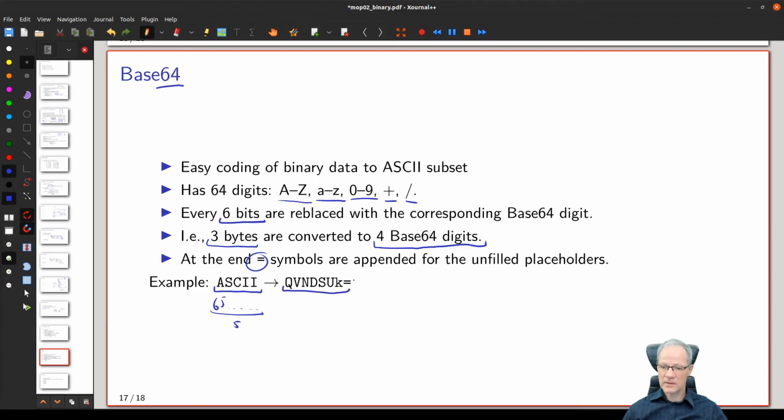And then we need to write one equality sign at the end, right? In this case, because there are 5, there was 1 missing for the 6. So there are more encoding systems than just 16 and 8 and 2. Base 64 is sometimes used in computer science to write down very large numbers, for example, keys for cryptography and so on.